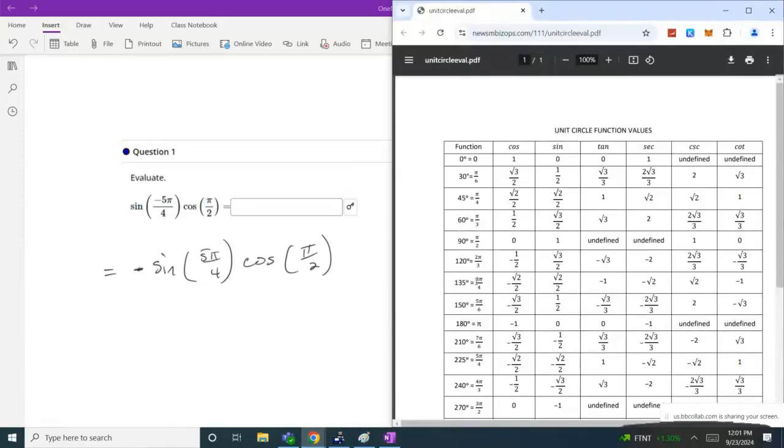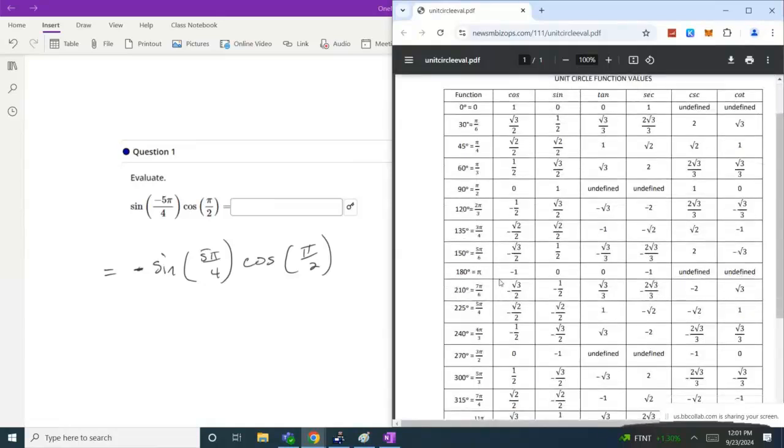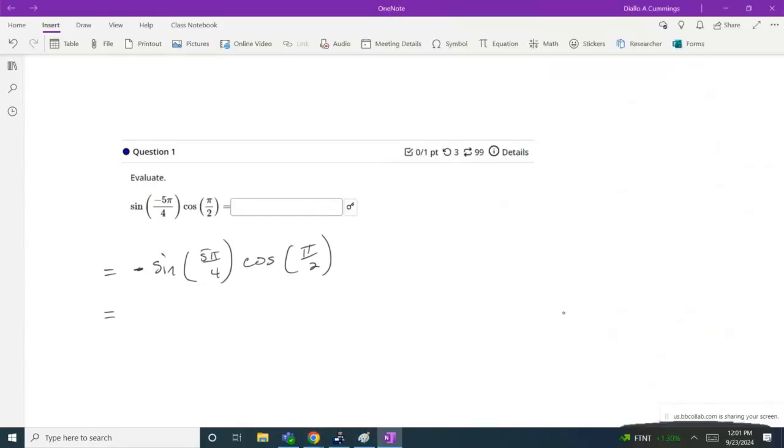So if I find 5 pi over 4, which is 225 degrees, the sine of 5 pi over 4 is negative square root of 2 over 2. So I have to bring this negative down. The sine of 5 pi over 4 is negative square root of 2 over 2 times the cosine of pi over 2.